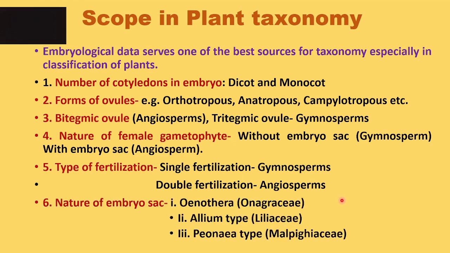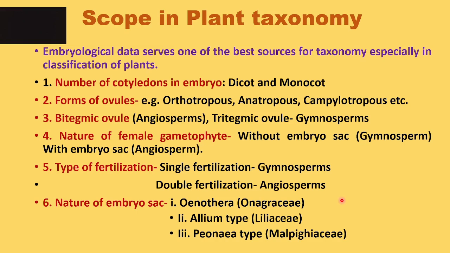Next data we can use in the classification of plants is the nature of the embryo sac. So Oenothera type of embryo sac, Allium type of embryo sac, and Peonia type of embryo sac. All these are types of embryo sacs, and they are characteristic features of various families.